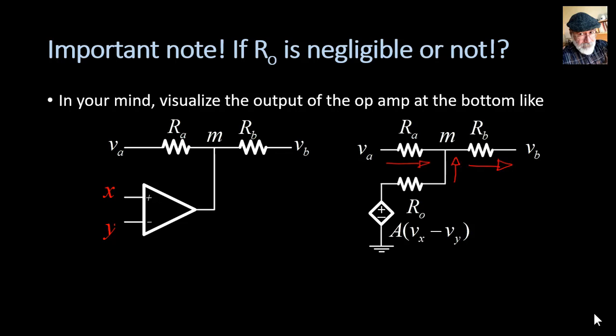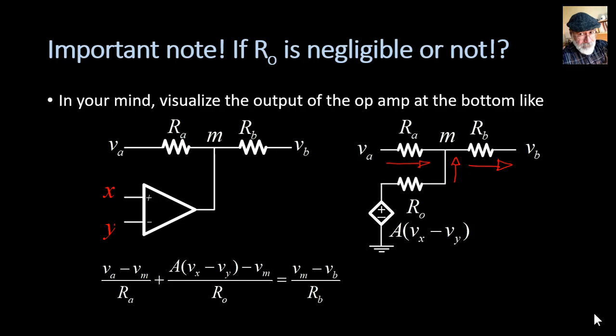We write a KCL equation for the output node of the op-amp, which is currents going in on the top, Va minus Vm divided by Ra from the op-amp, A(Vx minus Vy) minus Vm divided by R0, and currents leaving the node, Vm minus Vp divided by Rb.